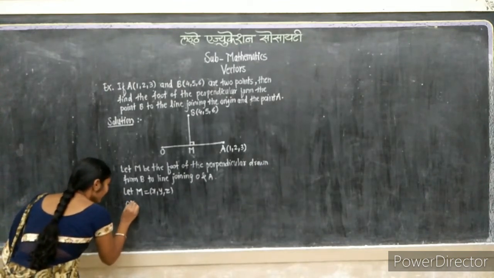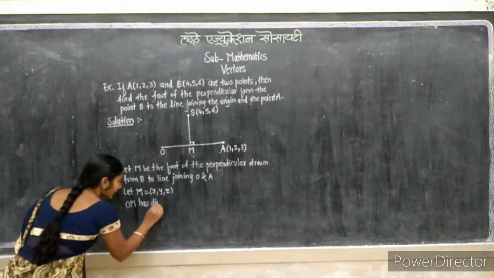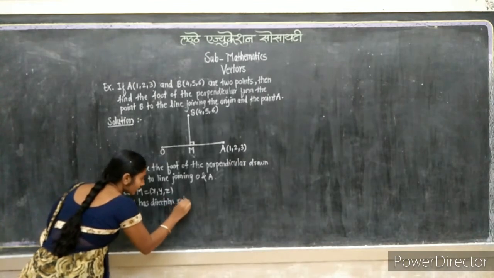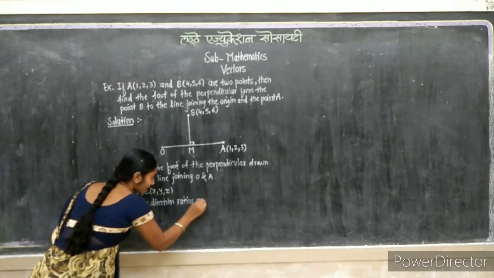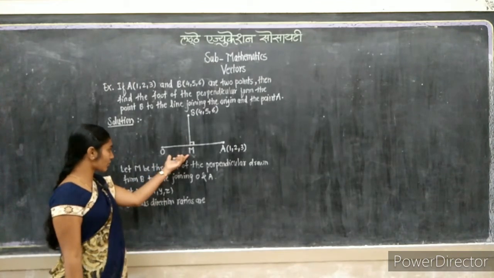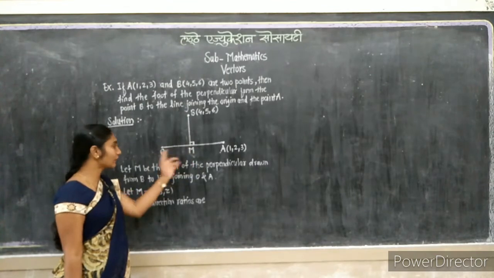OM has direction ratios x2 minus x1, y2 minus y1 and z2 minus z1.